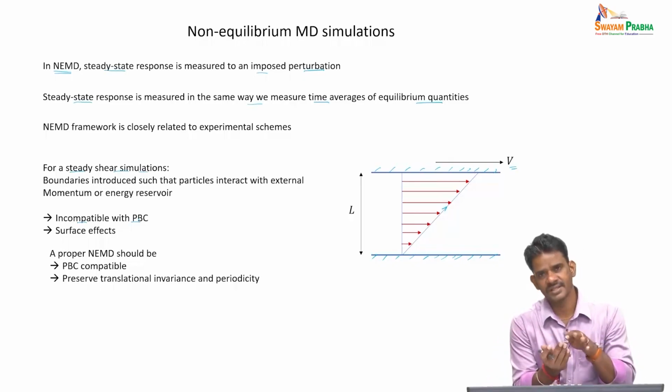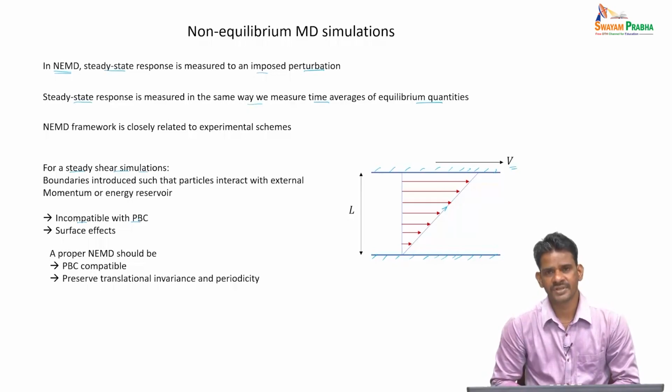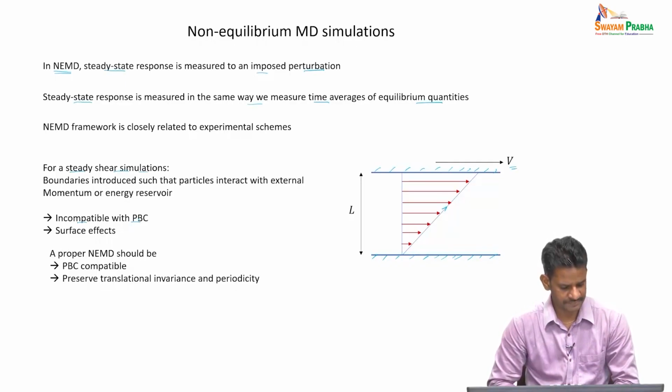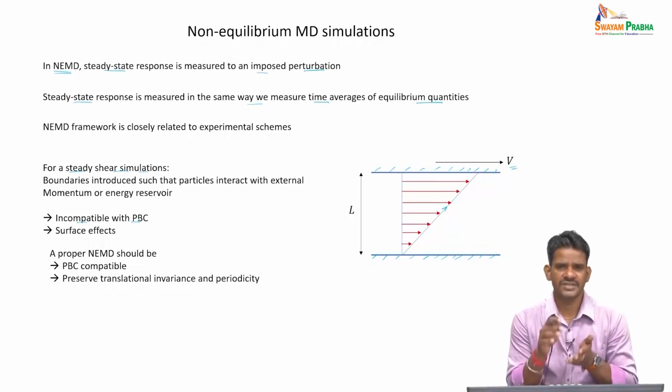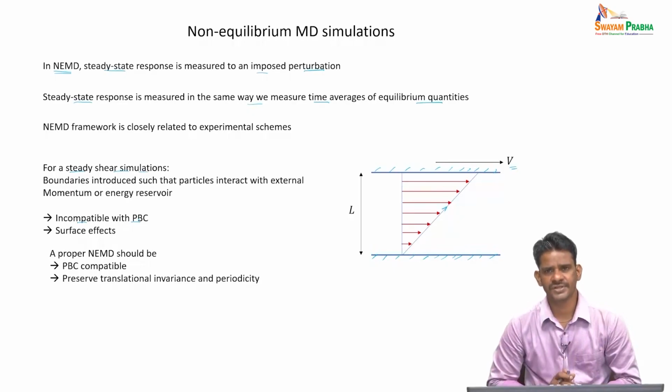But by providing moving walls at the top and stationary walls at the bottom, it gives artificial surface effects, and it also violates the way we do periodic boundary conditions. So, we cannot simply mimic the way we do experiments in MD simulations by moving the top wall and fixing the bottom wall.